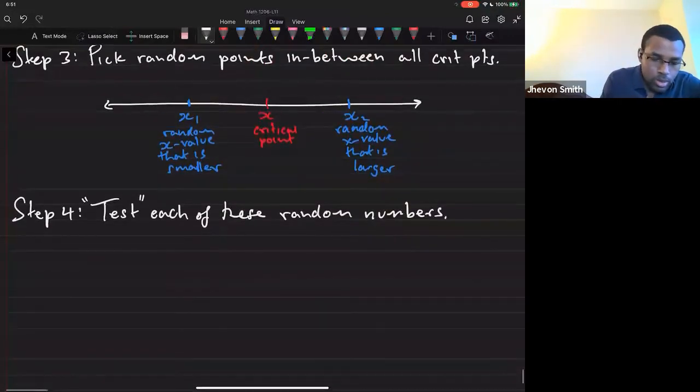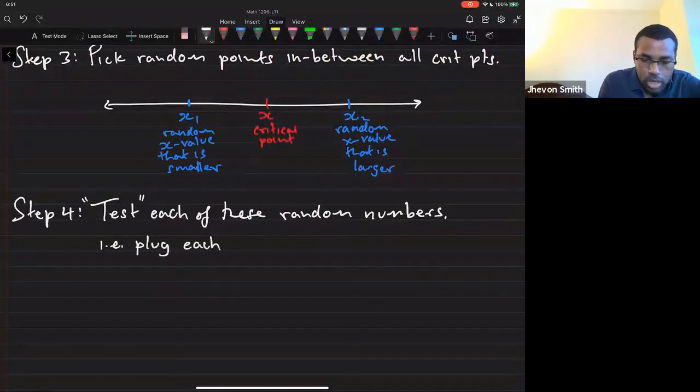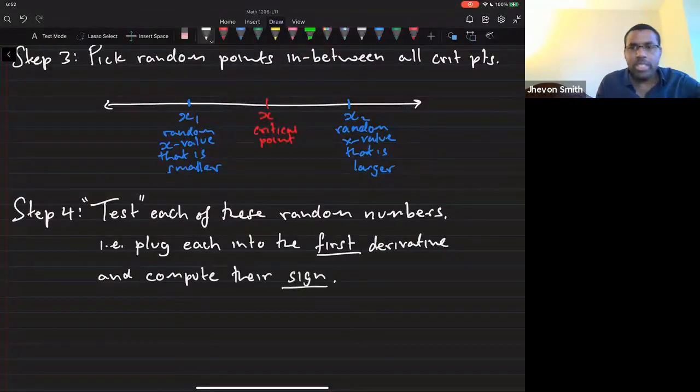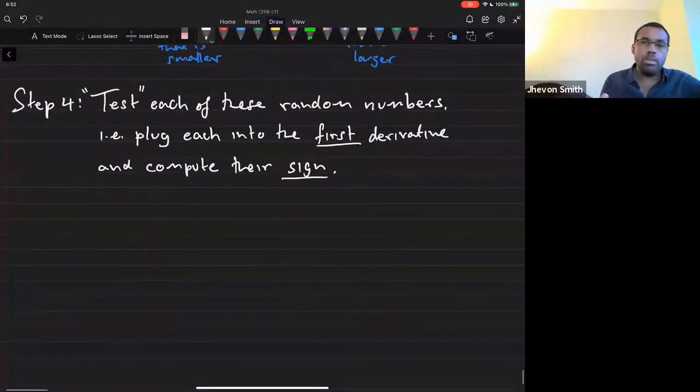And by test, here's what I mean, i.e., plug each into the first derivative and compute their sign. Now, I'm going to emphasize sign here because we don't care about the specific value. Once you can identify whether the derivative is going to be positive or negative, that is good enough. You don't really need to know the specific value at all.